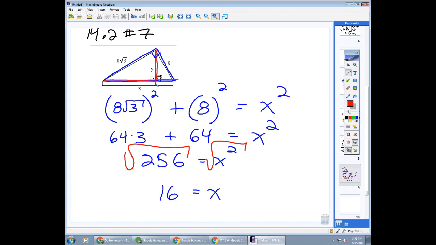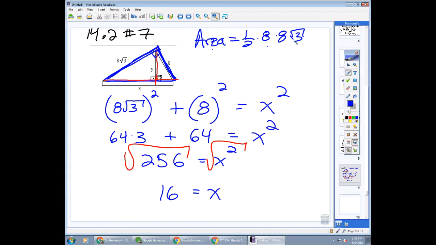Here's the observation I'm going to make. I know that this side 8 and 8 square root of 3, those two sides are perpendicular to each other. So the area of this triangle, according to those two measurements, is 1/2 times 8 as the base times 8 square root of 3 as the height.